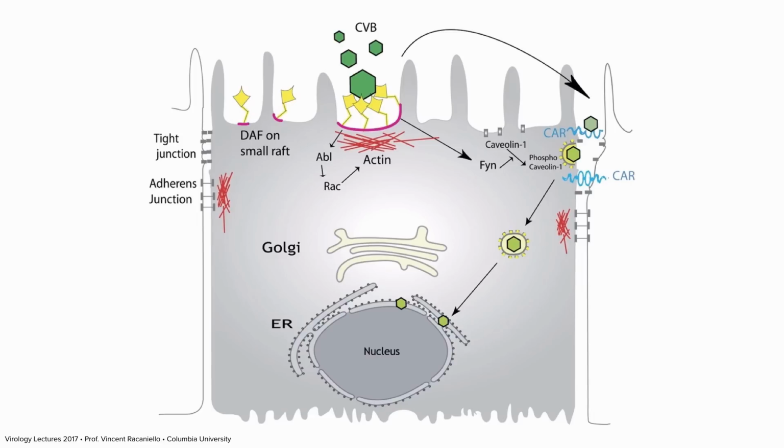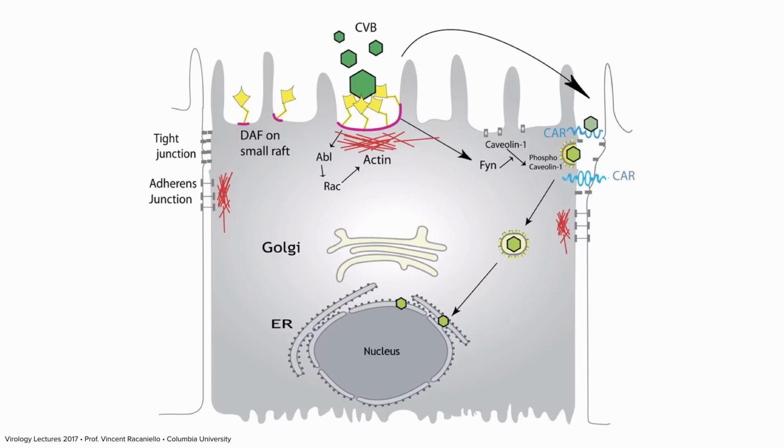And you need to do that because the virus bound to DAF is going to move to the junction. The second thing that this signaling does is loosen up the junctions between cells. And that allows the virus DAF complex to move into the junction, bind to CAR, and get into the cell.